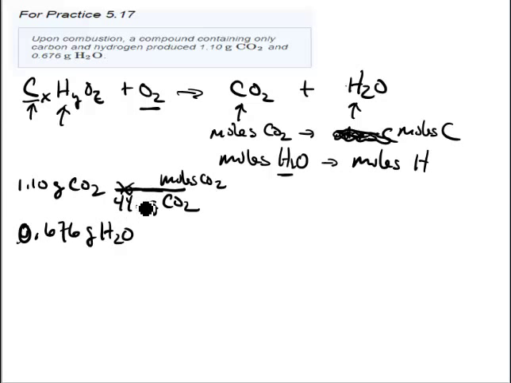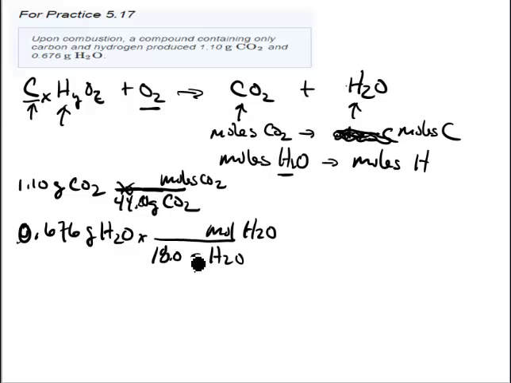And that's 44.0, if you add up the atomic weights to get the molecular weight. In this case, water, we're going to cancel grams of H2O for every 1 mole of H2O, and that's going to be 18.02 for every 1.